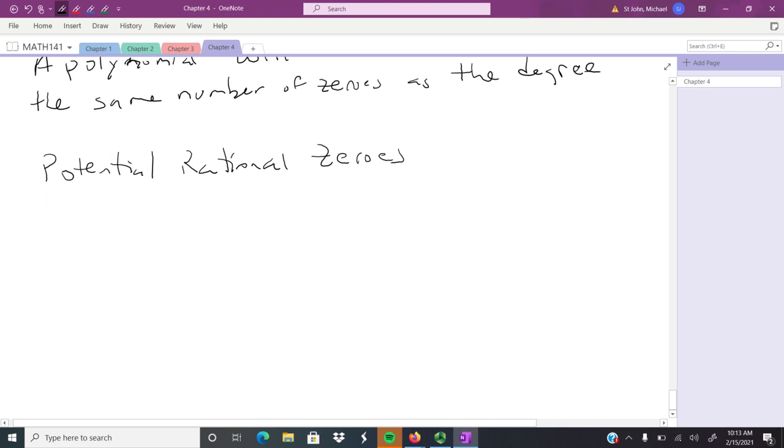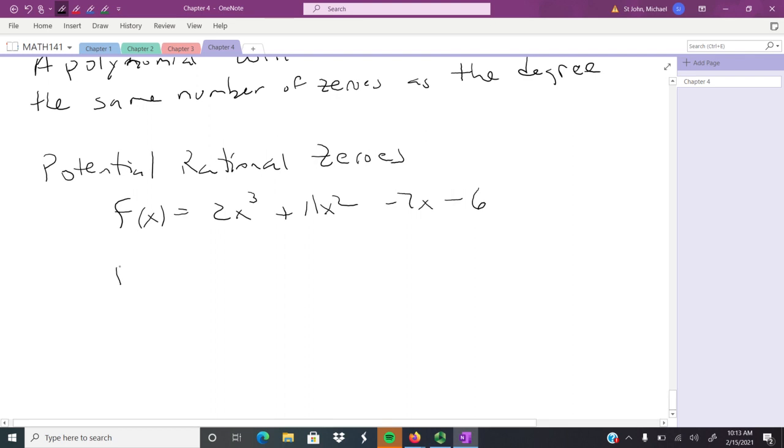So given something like this, f of x equals 2x cubed plus 11x squared minus 7x minus 6. What are those possible zeros? To do that, we need to look at the leading coefficient and our constant number.